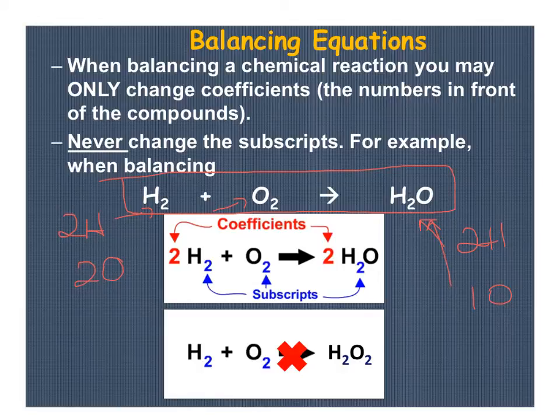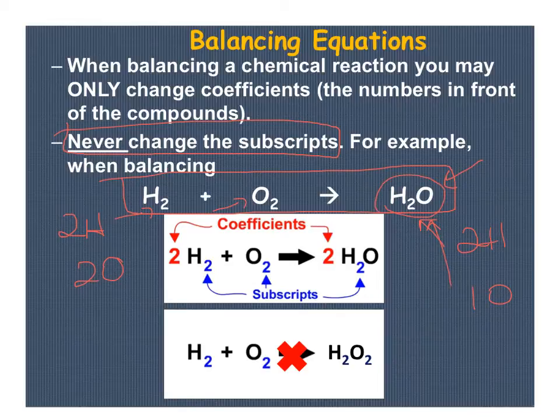The main rule that you need to remember when you're balancing equations is never, ever, ever, under any circumstances, change a subscript. So, for example, you're given the skeleton equation here. You're told the product is water.